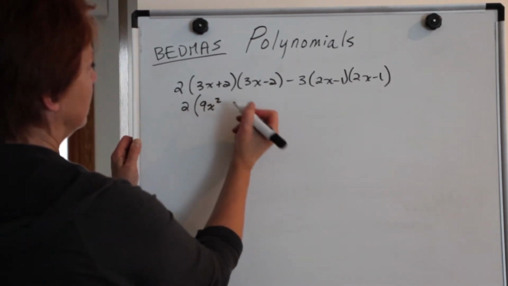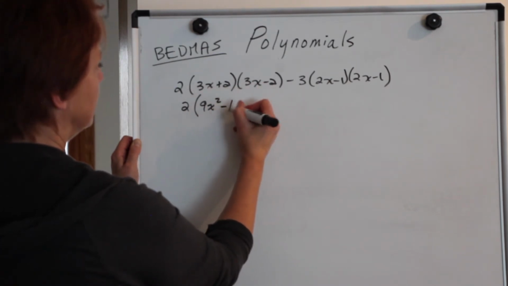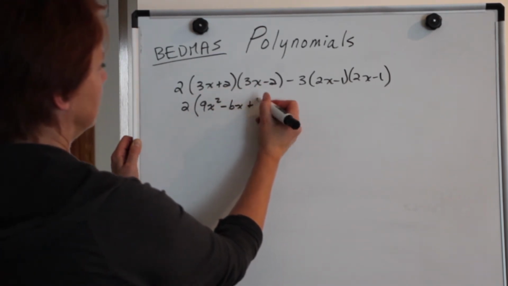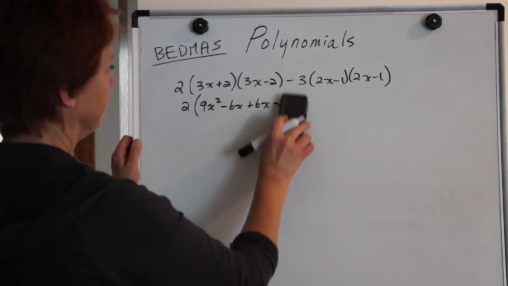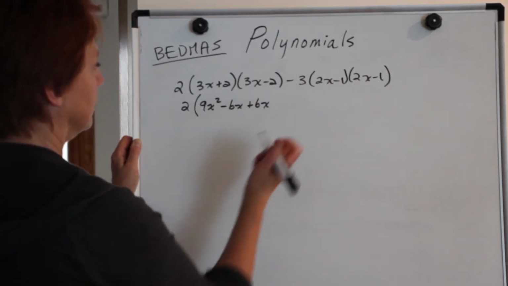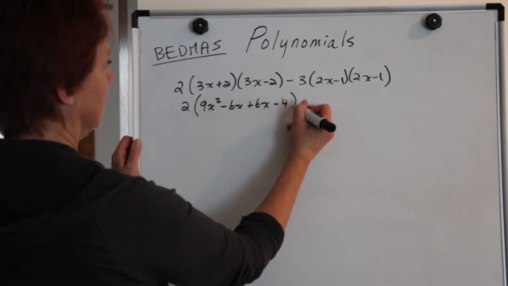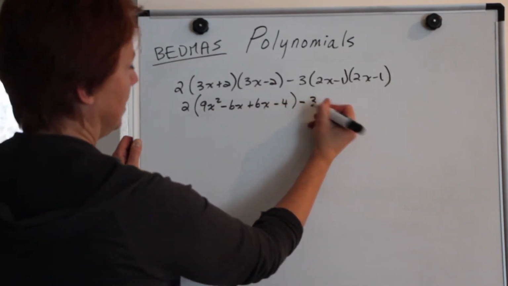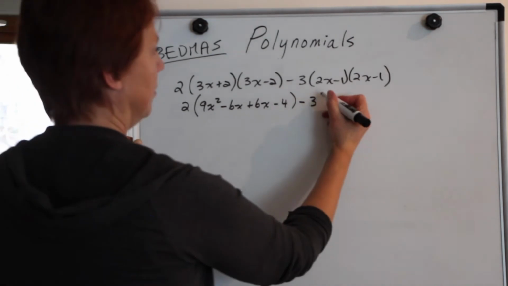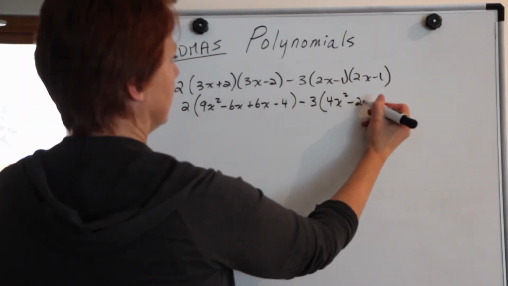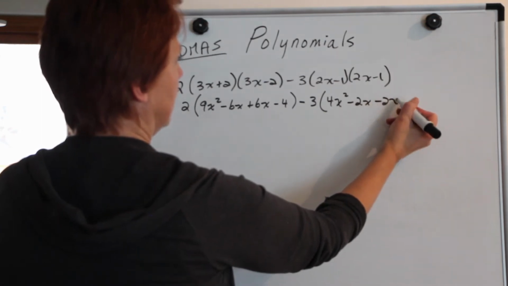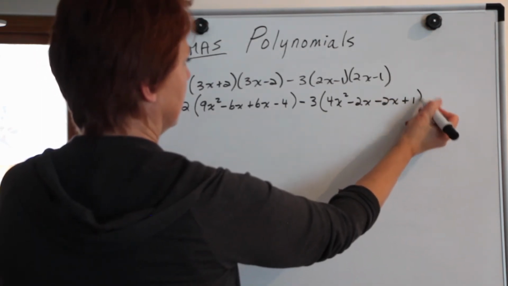We get 9x squared minus 6x plus 6x minus 4, minus 3, and we're going to multiply this out. 4x squared minus 2x minus 2x plus 1.